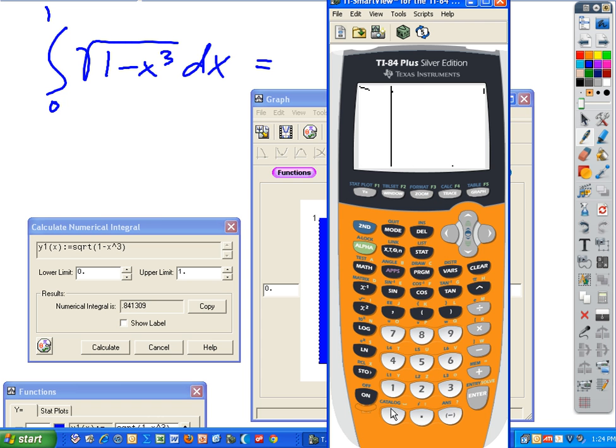There it is, right? And so now if I did area under the curve, I could just go second, calc, 7. And then it just wants the limits. Lower limit is 0, enter. Upper limit is 1, enter. And it calculates it, and that ought to look familiar.